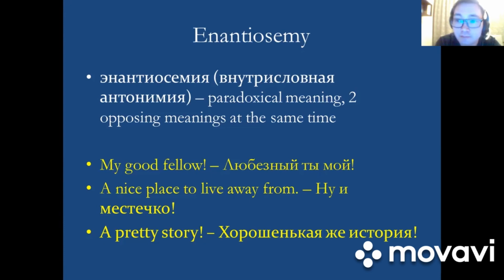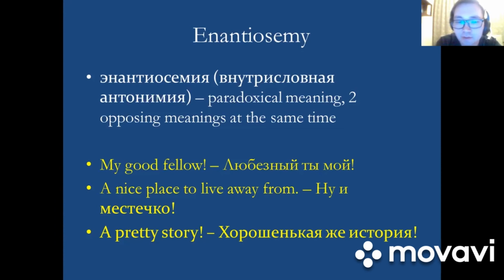That the fellow is bad, actually. Or, a nice place to live away from. So it's ну и местечко. This is the translation into Russian. So it's obvious that the author does not mean that the place is really nice. He means quite the opposite, that the place is very bad to live in.